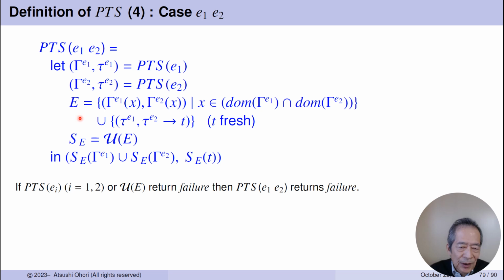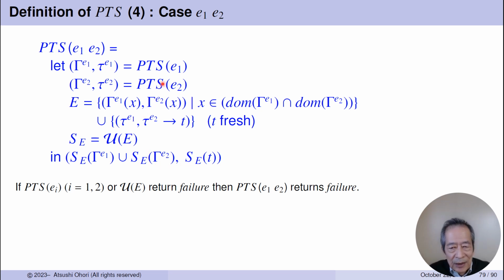And then apply this unification algorithm to this equation to get a solution. This solution applied to gamma E1 and gamma E2, the common part is guaranteed to be the same. So apply S to gamma E1 and apply S to gamma E2. We can take a union, and the result is a well-defined type environment because the common part is the same, and the other parts belong only to one or the other, so we can take a union.